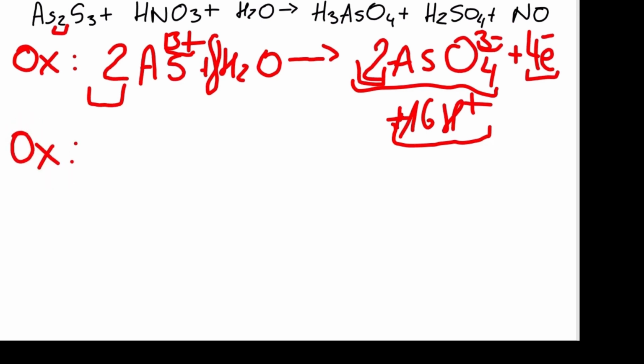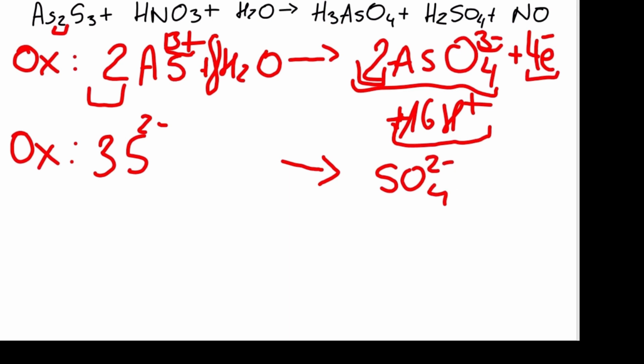What about the second oxidation reaction? The second oxidation reaction, so the reaction with sulfur. Okay, we have sulfide anions, 3 atoms of this anion with the charge equal to 2 minus. This is an oxidation reaction. On the right side we have sulfate ions. How many electrons?